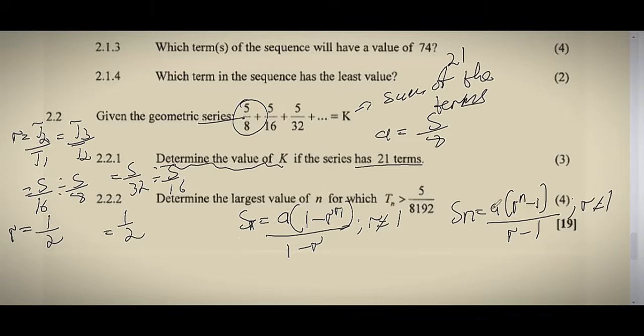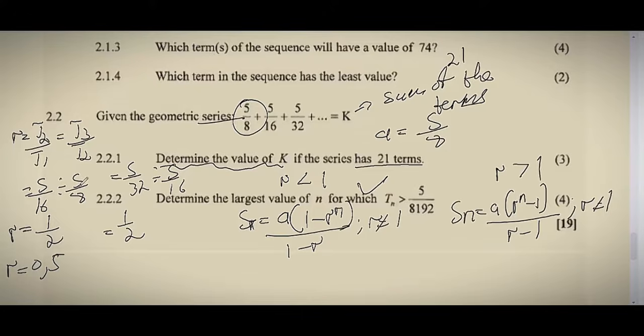Now you need to choose which one you need to use. Remember, we said this one, 1 minus r, you use it if your r is less than 1. And this one, r minus 1, you use it when your r is greater than 1. Looking at our value of r, we can see that r, 1 over 2, is 0.5, which is less than 1. So we need to use this one here. Okay, so I hope you understand the choice of formula.